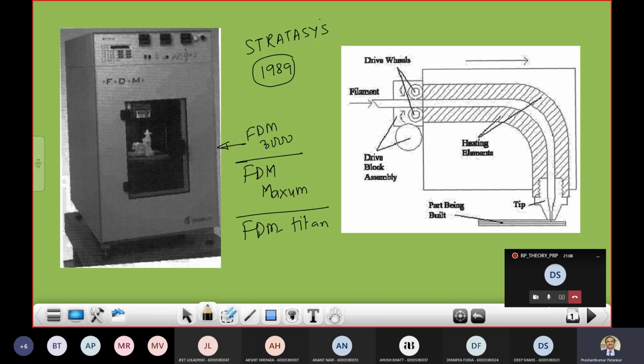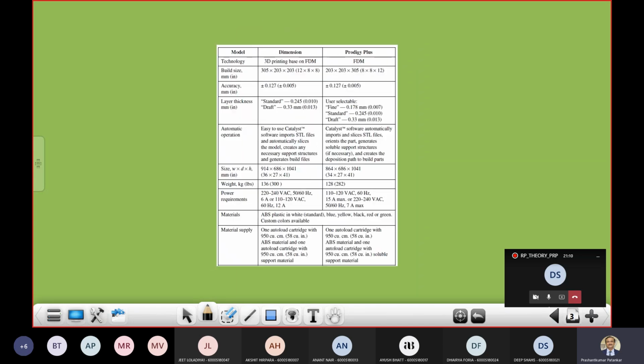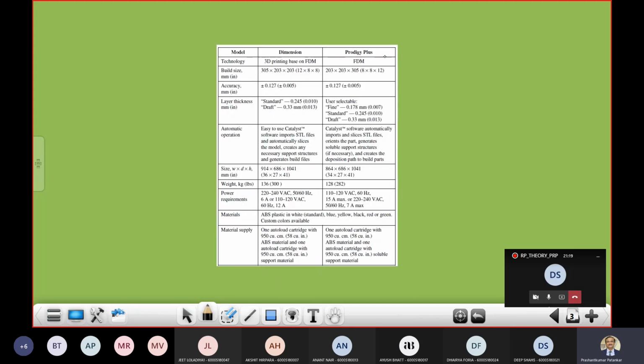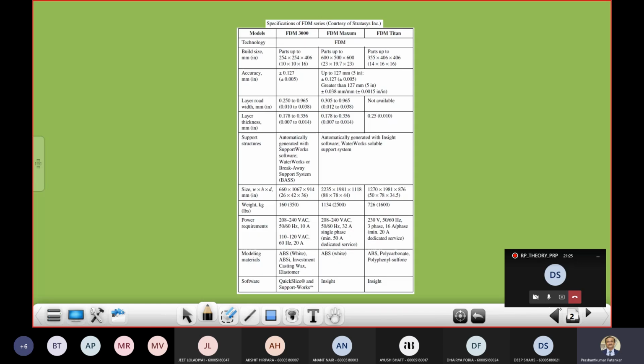In my subsequent slides, I have taken the Prodigy Plus, which is from the Concept Modeler type. Later on we will go into details of these various machines.